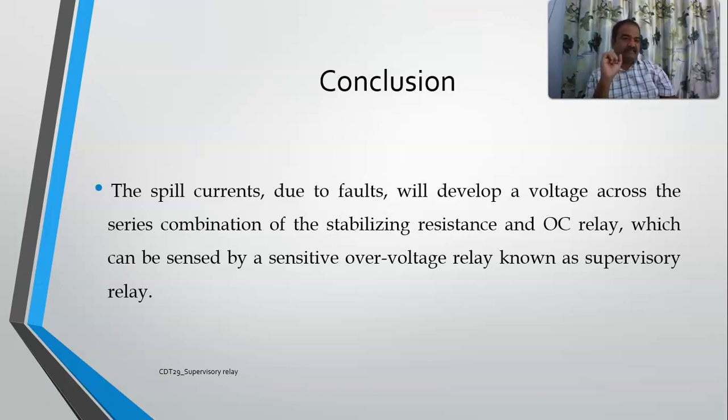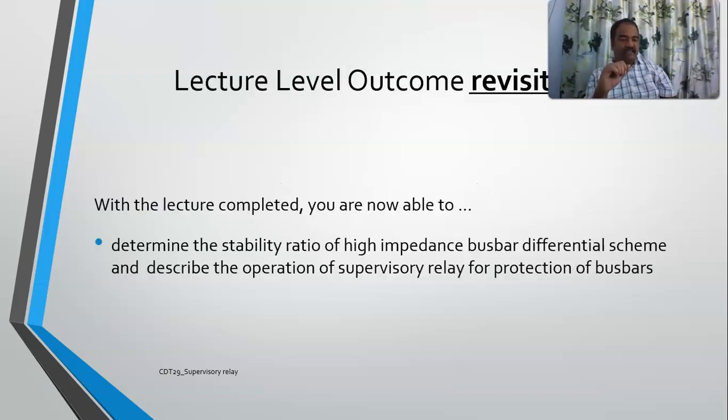If it is of a good value, then automatically your supervisory relay gives an alarm and indicates that one of the CTs is open circuit. Understood? So I hope that now you have understood what actually a supervisory relay is and how it works. Okay. So I hope that now you are able to describe the operation of the supervisory relay.